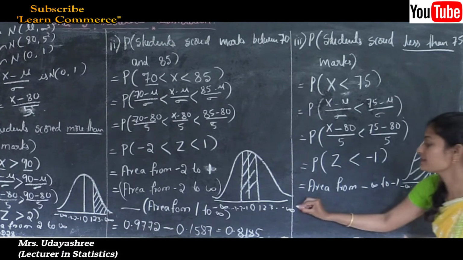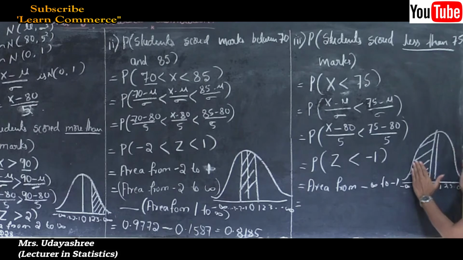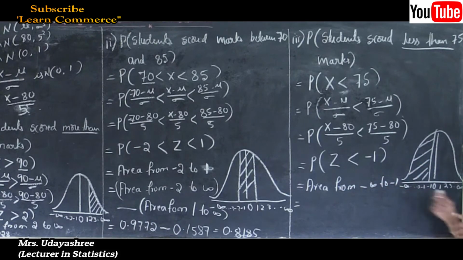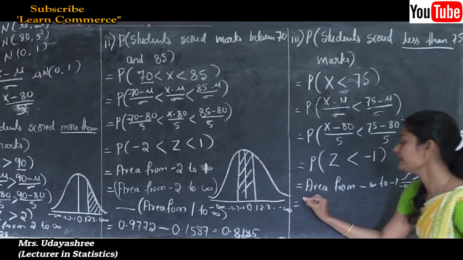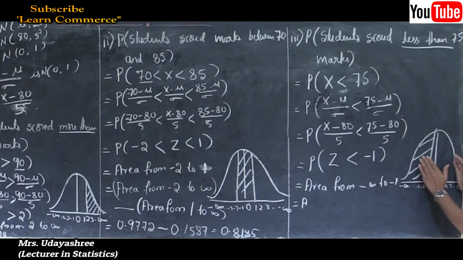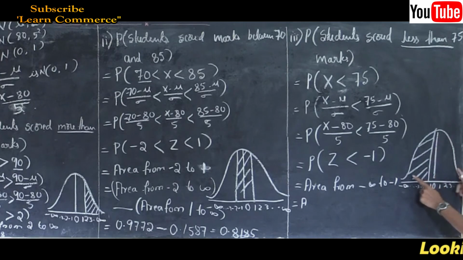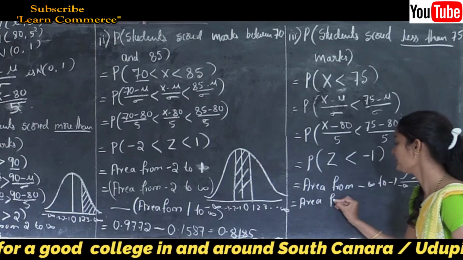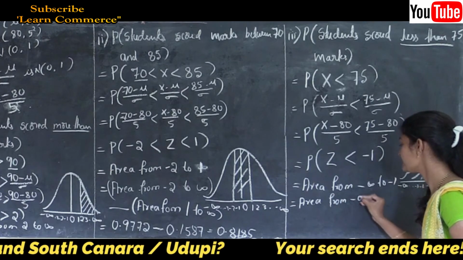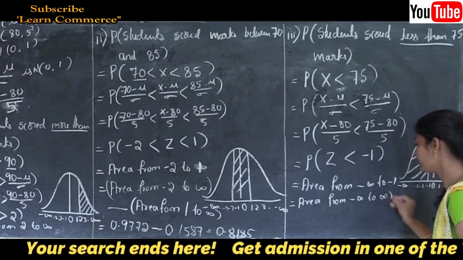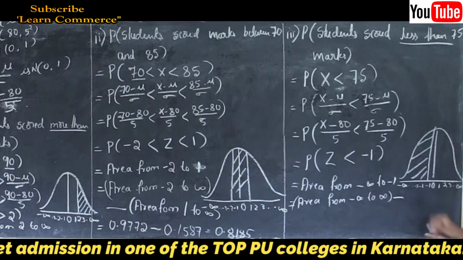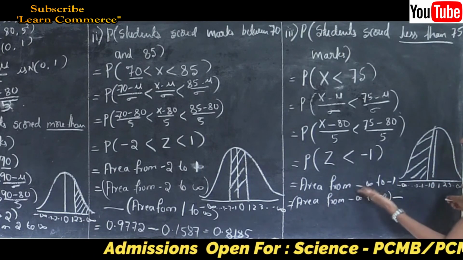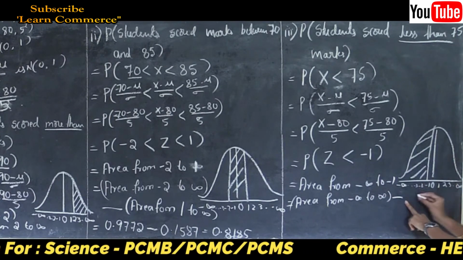Now in this case, how to calculate the area from minus infinity to minus 1? First we have to find the total area of this curve. We know that the total area of this curve is 1, so I will write it as area from minus infinity to infinity. After that, subtract area from minus 1 to infinity, then we will get area from minus infinity to minus 1.